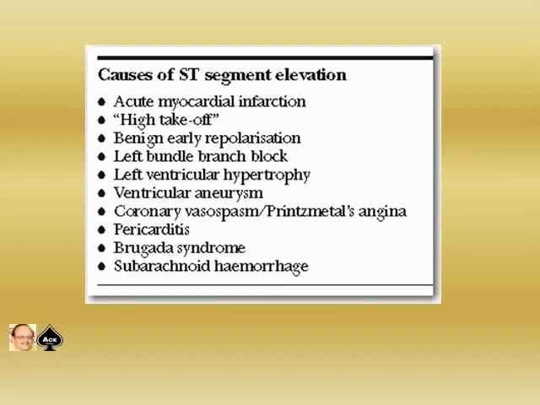Then coronary artery vasospasm and Prinzmetal's angina, and some of the drugs are notorious for that. Pericarditis, of course, sometimes missed. Brugada syndrome, about which I already told in the previous video, and subarachnoid hemorrhage. In fact, it is very funny to see a CNS condition causing an ECG change.